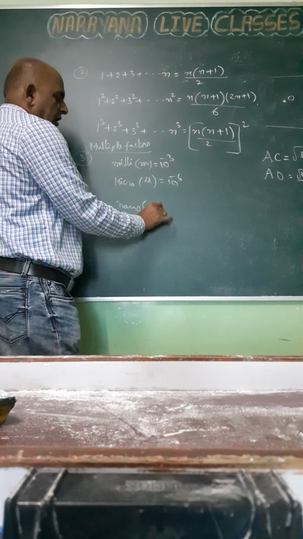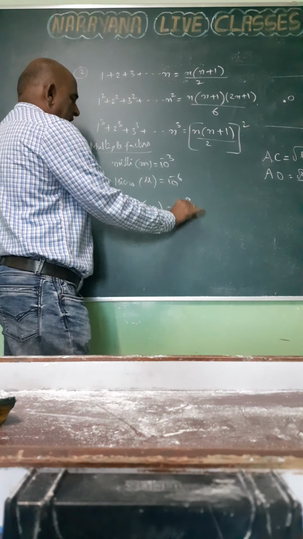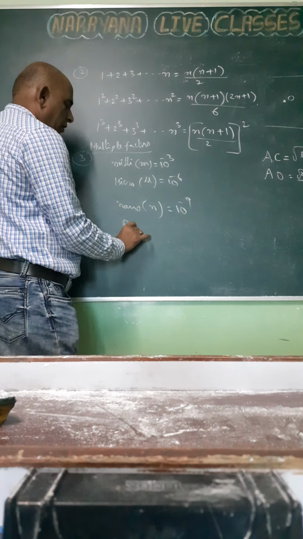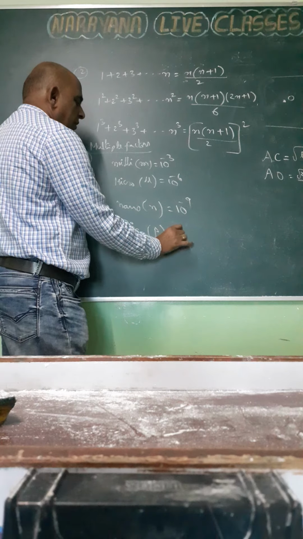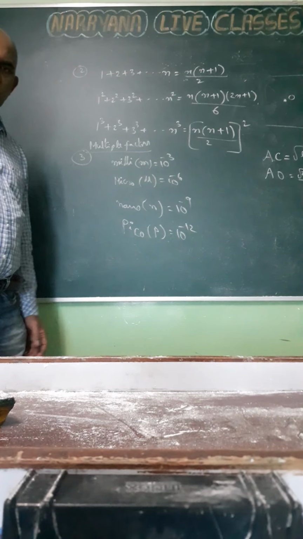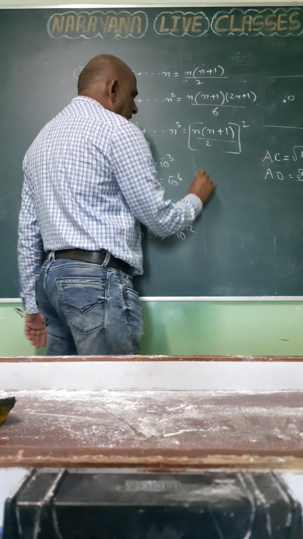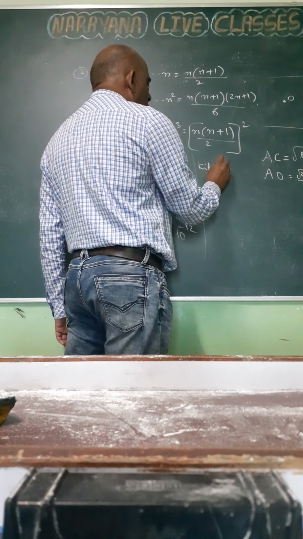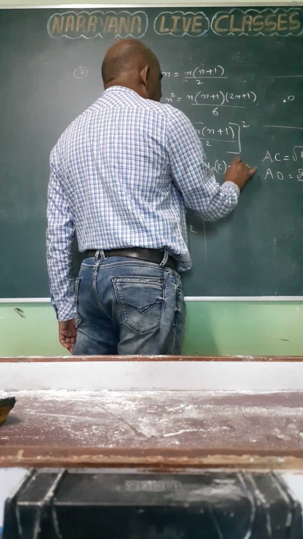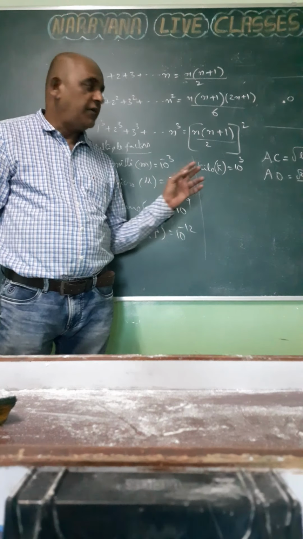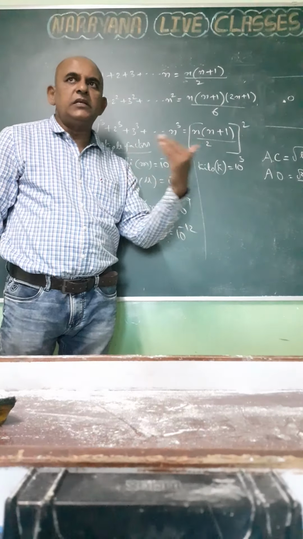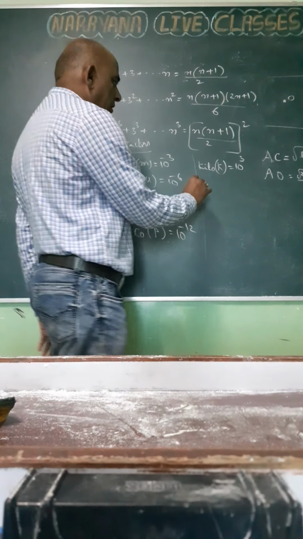Nano, represented by n, is 10 power minus 9. Pico, represented by p, is 10 power minus 12. Similarly, kilo means k, that is 10 power 3. 5 kilowatts is 5 into 10 power 3 watts. Kilo means 1000, 10 power 3.